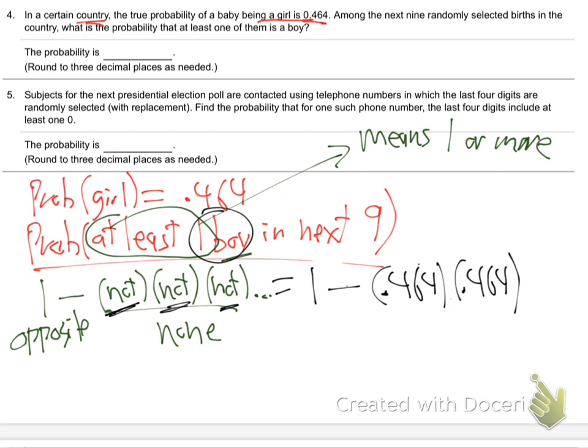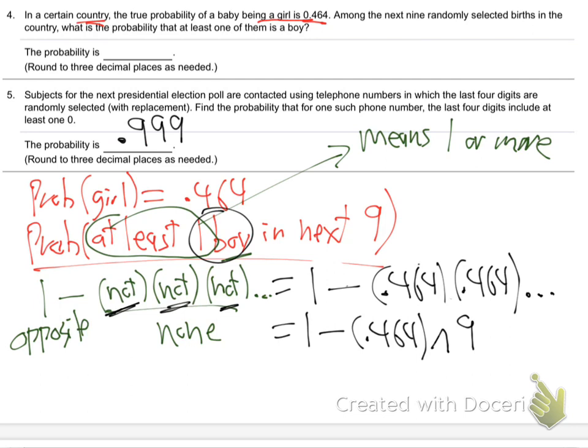So I'm going to go dot, dot, dot. But yeah, the easy way is to go 0.464 to the 9th, or use your up arrow, 9. That means 9th power. Like that? Right. Let's see what we're getting. 0.999. We're getting something close to 1, huh? They want 3 decimal places. 0.999.